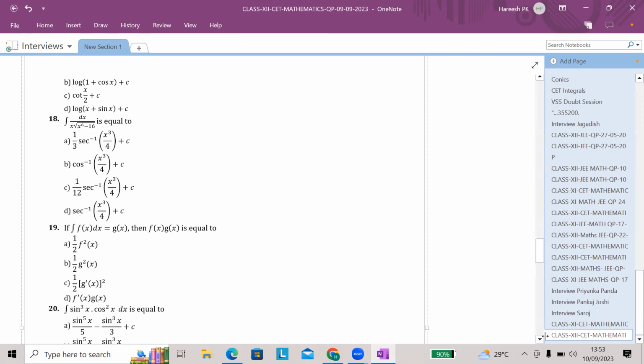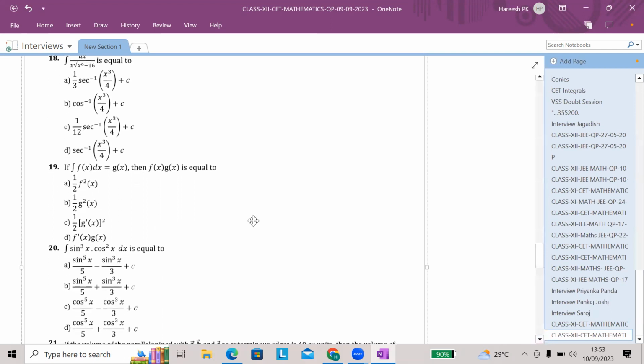So whenever any trigonometric function has an odd power, you'll have to split it as sine x dx into sine square. Sine square you can write as 1 minus cos square into cos square. Now put cos x as t. So this will become dt.